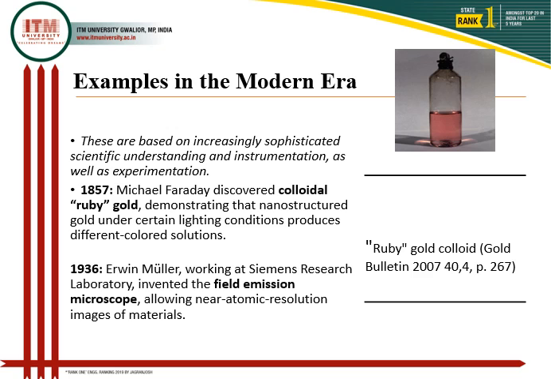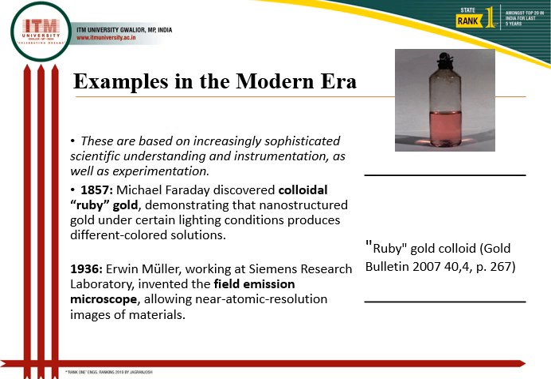Here I have quoted two interesting examples of discoveries and developments that enabled nanotechnology in the modern era, based on increasingly sophisticated scientific understanding and instrumentation as well as experimentation. First was given by Michael Faraday in 1857.